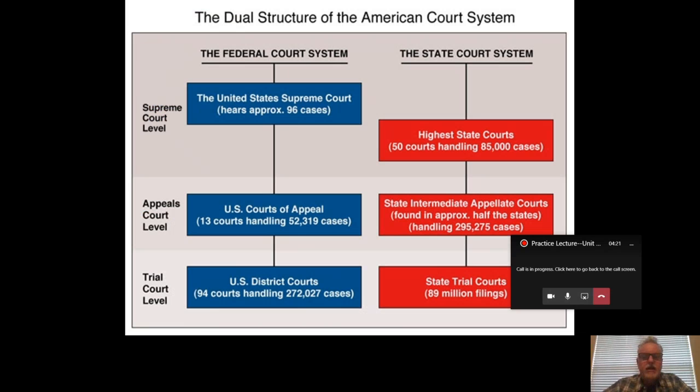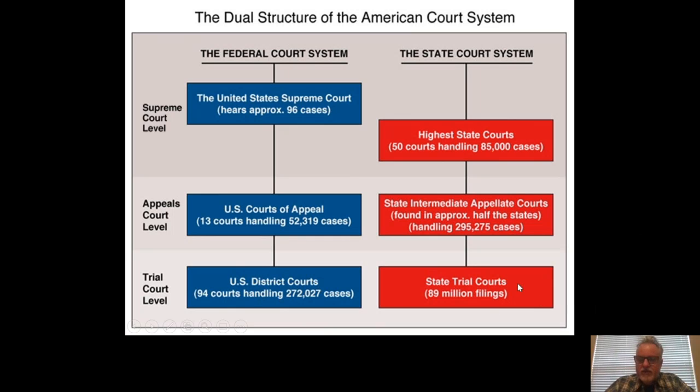If you look at a diagram of the structure of our court system, we have our federal courts, and down below you have your courts of original jurisdiction. In our state courts, we have our state courts of original jurisdiction.